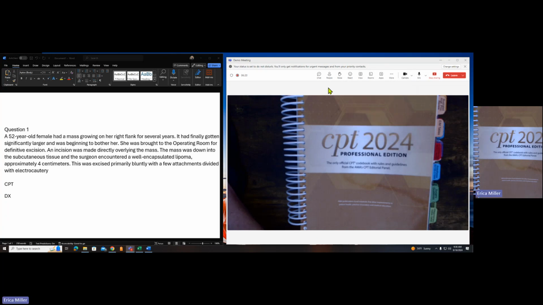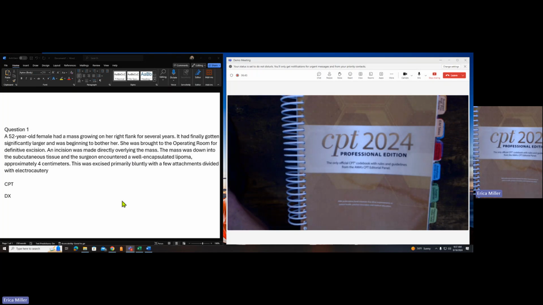Let's get started. Okay, so let's look at question number 1. We have a 52-year-old female that has a mass growing on her right flank for several years. It had finally gotten significantly larger and was beginning to bother her. She was brought to the operating room for a definitive excision.